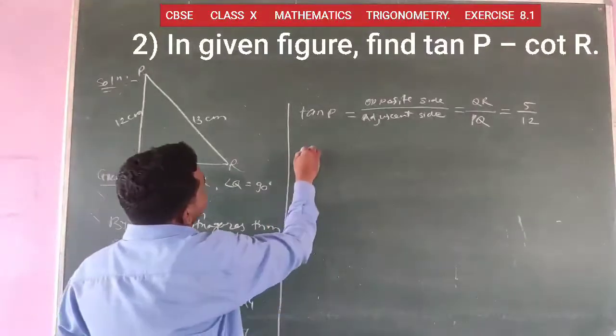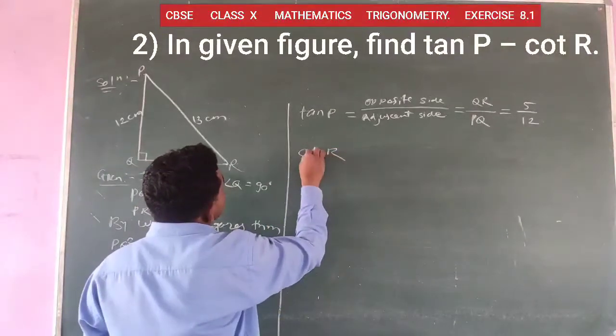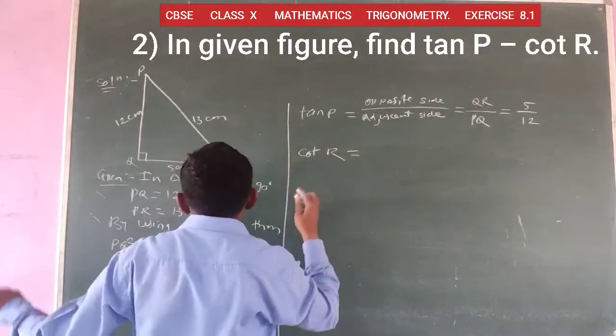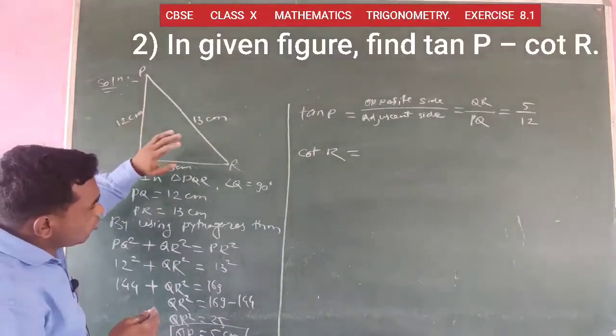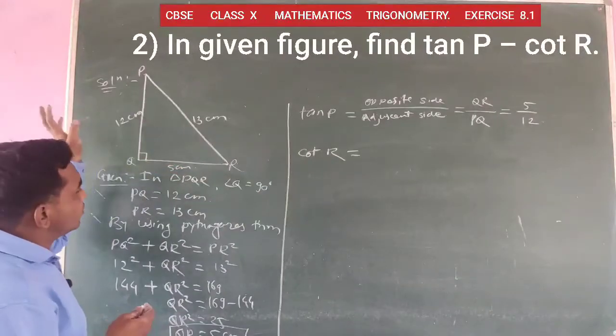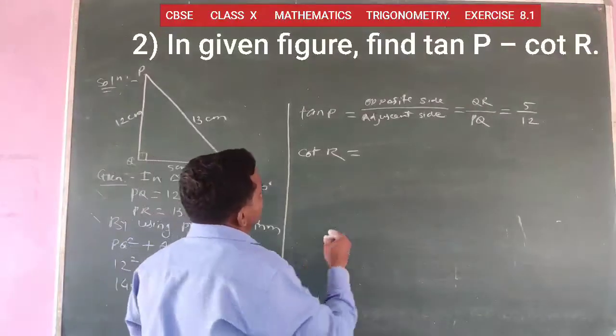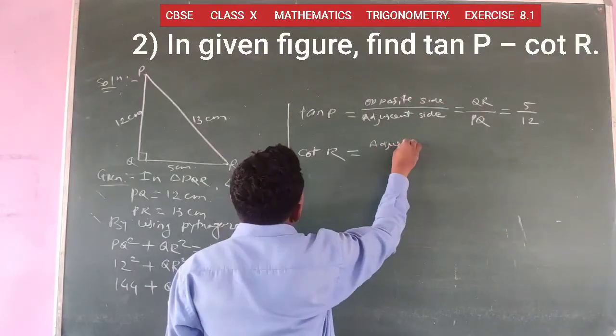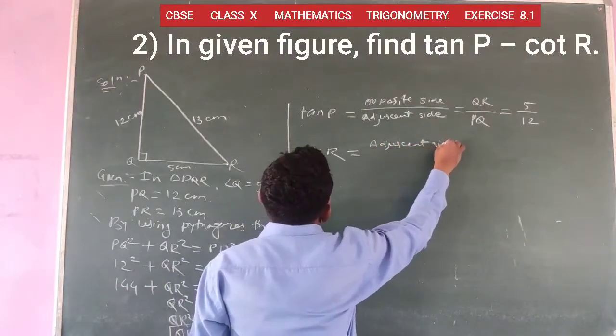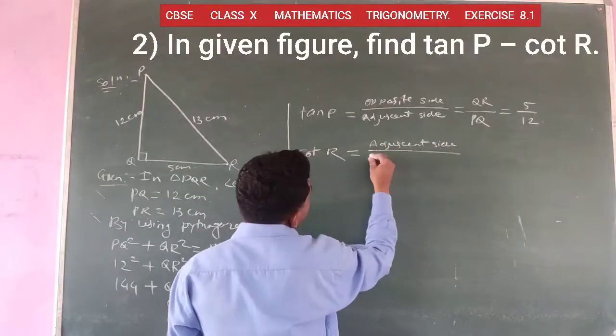Then we have to find out the cot R. Now consider the function cot and the angle R. The trigonometric formula for cot is adjacent side upon opposite side.